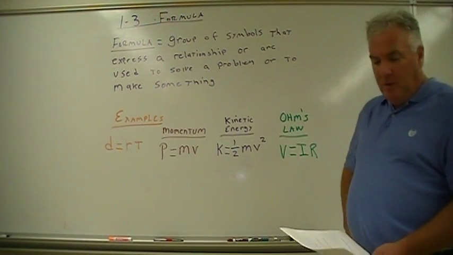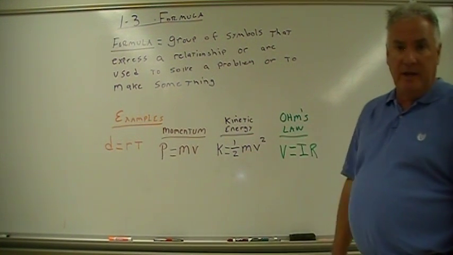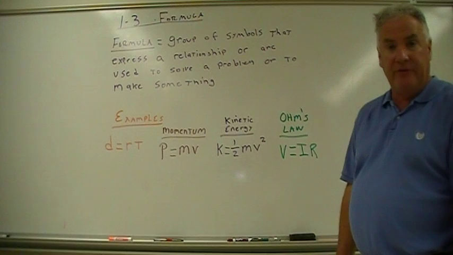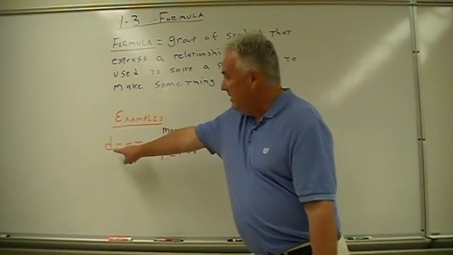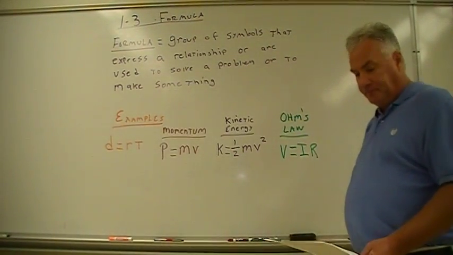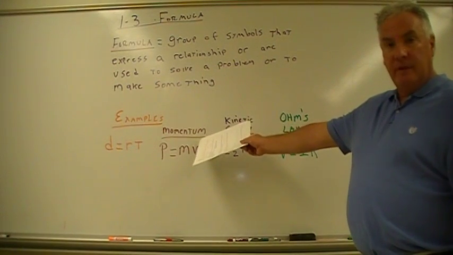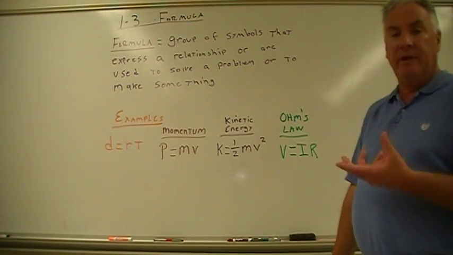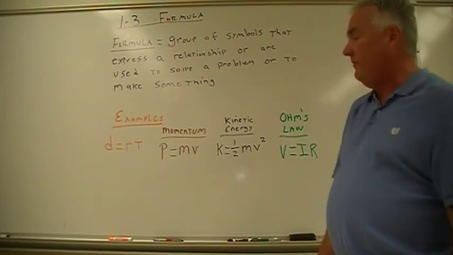So what are some examples of formula? I have 4 of them right here that you may or may not have seen before. I don't think you've seen all of them. You have seen d equals rt, distance equals rate times time. Here's one, momentum. If you're in physics and you're trying to find the momentum of an object, maybe you've used p equals mv.